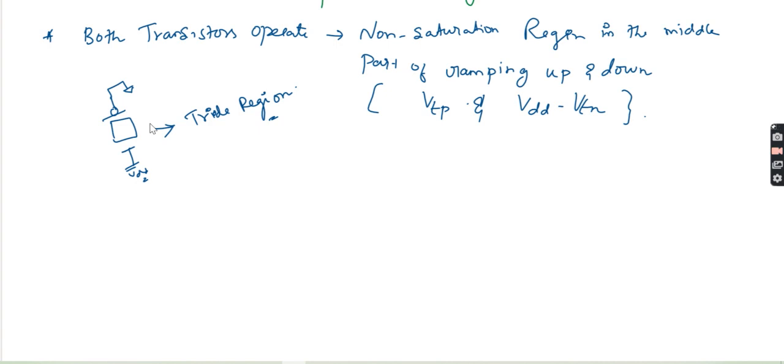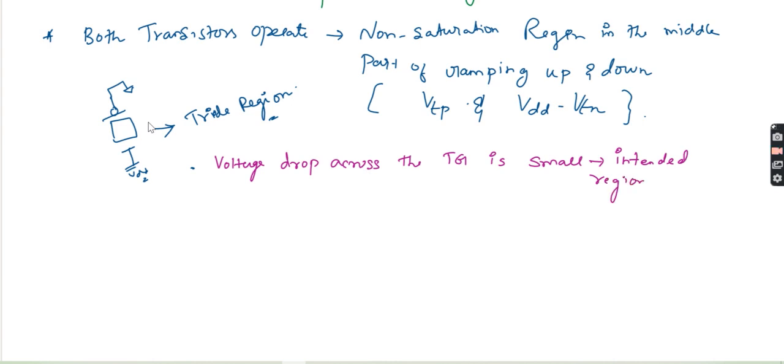The voltage drop across this TG is small. This is the intended region for adiabatic circuits.